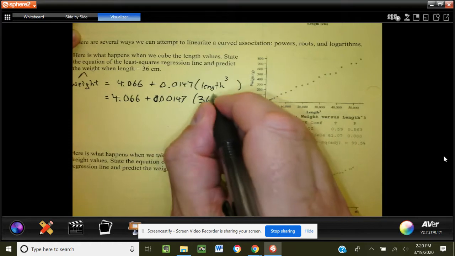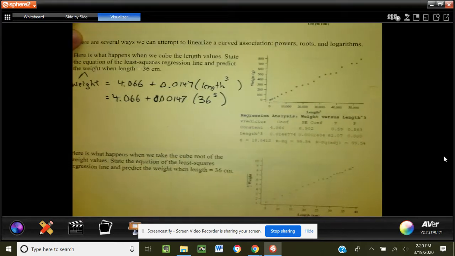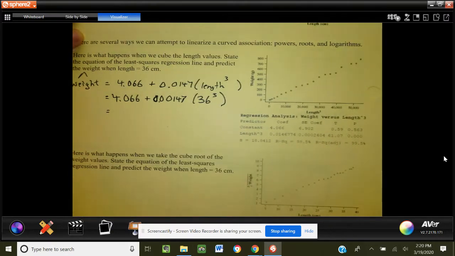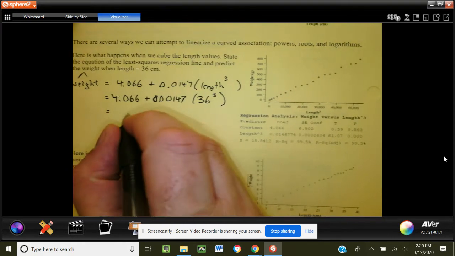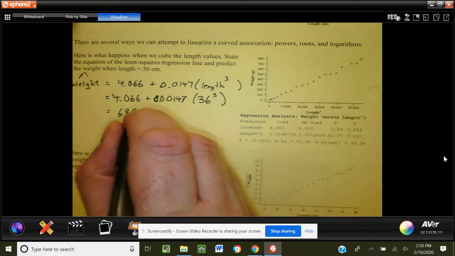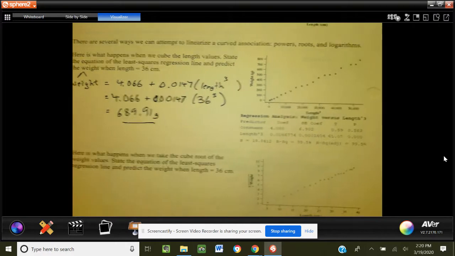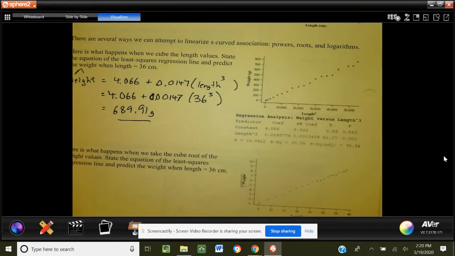But remember, we're having to cube it here. So we're just going to put 36 cubed there. If you do all the math, we predict the weight for a 36 centimeter Atlantic rockfish to be about 689.91 grams.